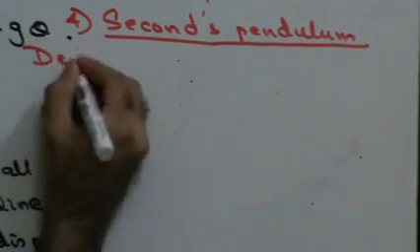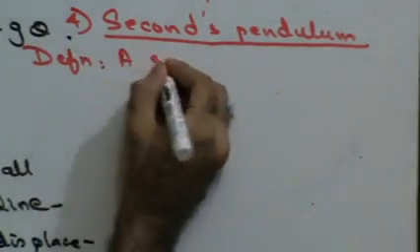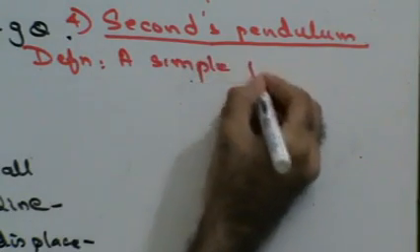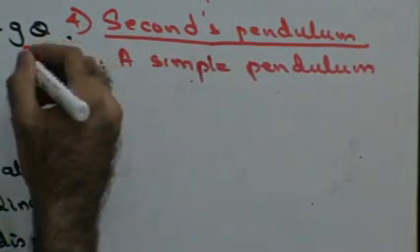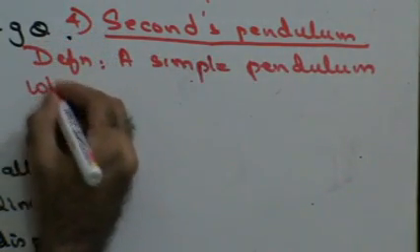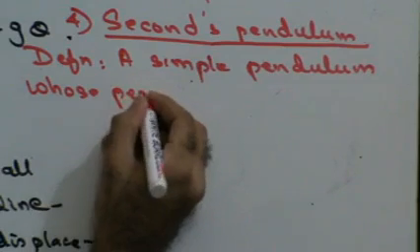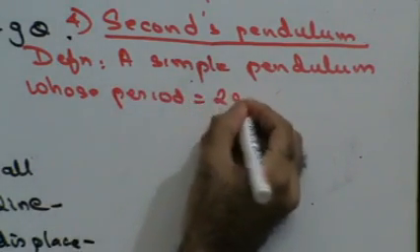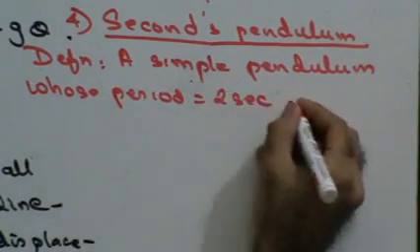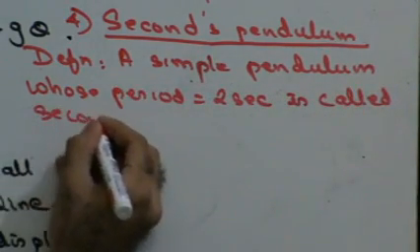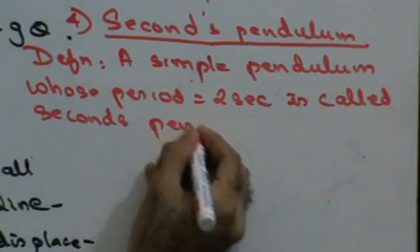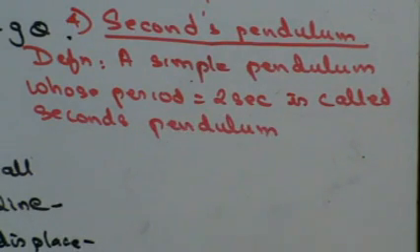Definition: a simple pendulum whose period is 2 seconds is called a seconds pendulum. Right, that is what a seconds pendulum is.